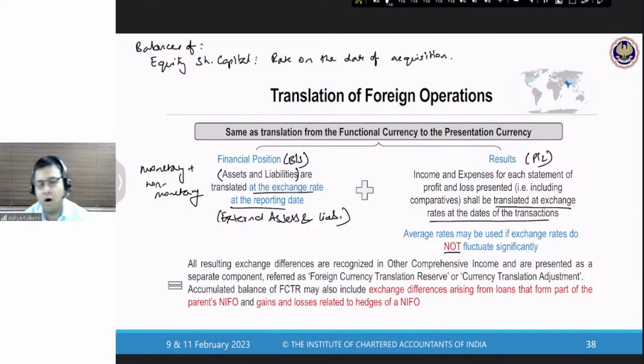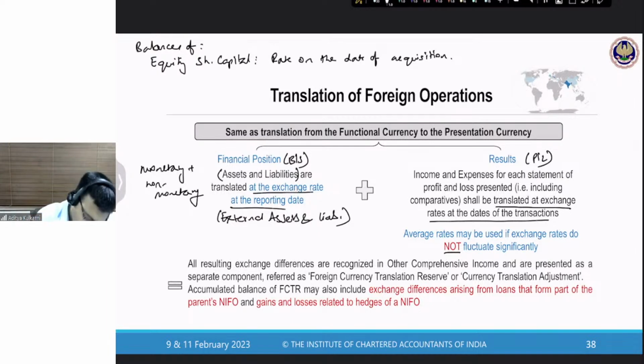Why are you consolidating? Because you have acquired the subsidiary. When you have acquired the subsidiary means what? You are having shares of the subsidiary. So therefore, the date when you have invested, the date when you made the acquisition, take the rate on that date to convert the equity share capital of the subsidiary into the functional currency of the parent.